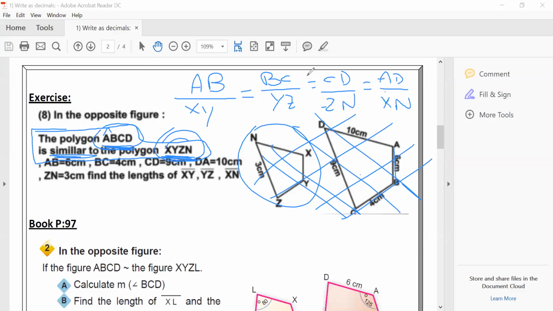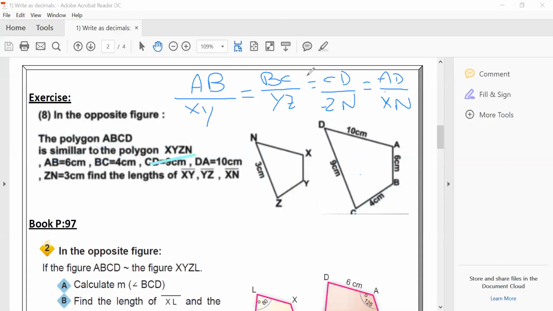Okay, this step again is very, very important. When the two polygons are similar and he's asking about sides, I must put the proportional sides in the correct order. Without this order, the answer will be wrong and you will lose marks.